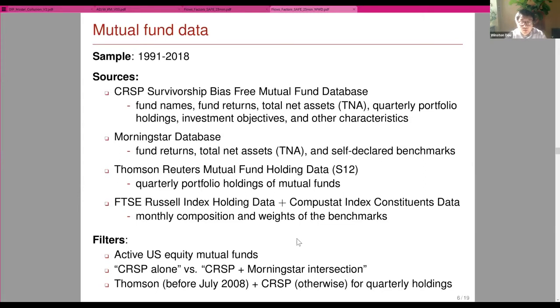For robustness, for any single piece of empirical analysis in the paper, we show side by side the result based on CRSP data alone and on the intersection of CRSP and Morningstar data.